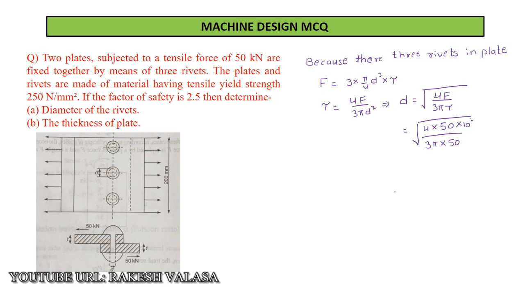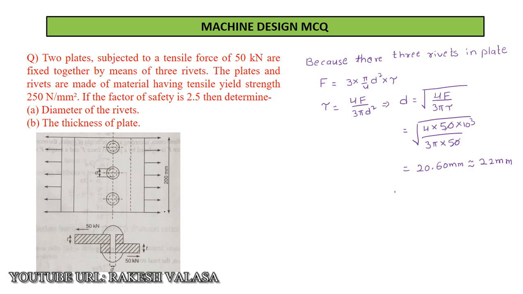Simplify this equation, the 50 and 50 get cancelled. Simplify by using calculator, 20.60 mm. So approximately this value equal to 22 mm. By using rivet diameter tables, I am taking the approximate diameter of the rivet as 22 mm.